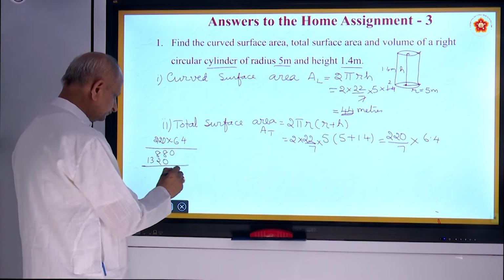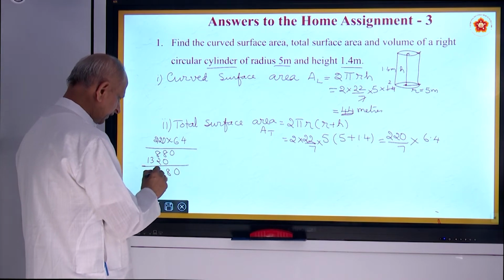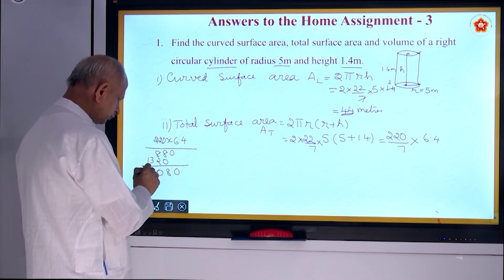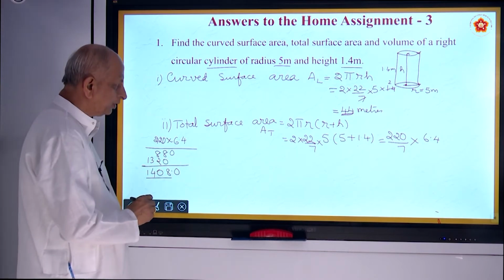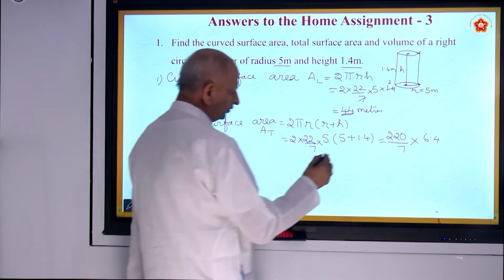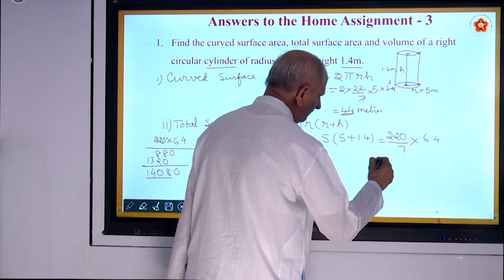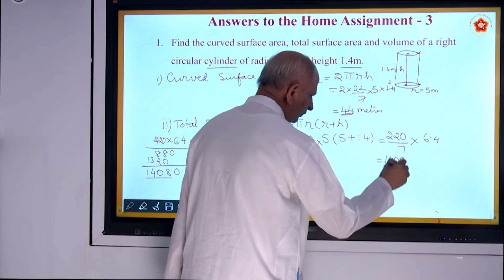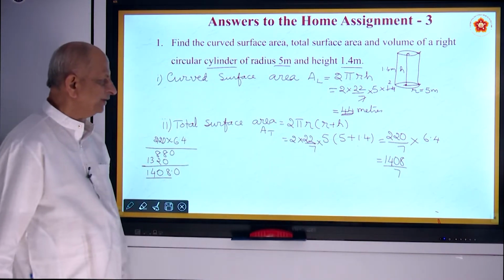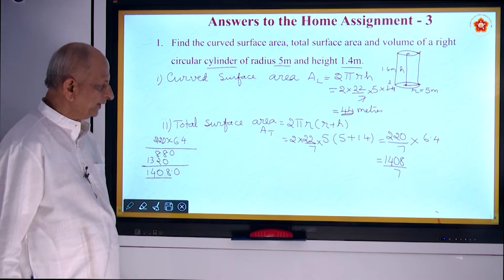Add it: 8, 10, 4, 1 and 1 place. So 1408/7. Why by 7? There is 7 in the denominator.